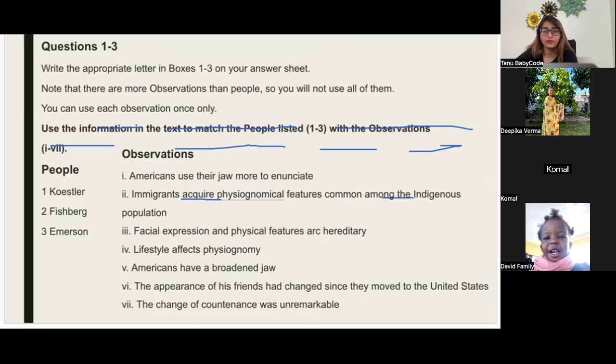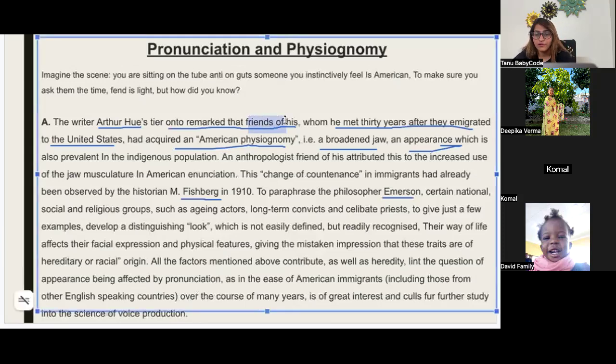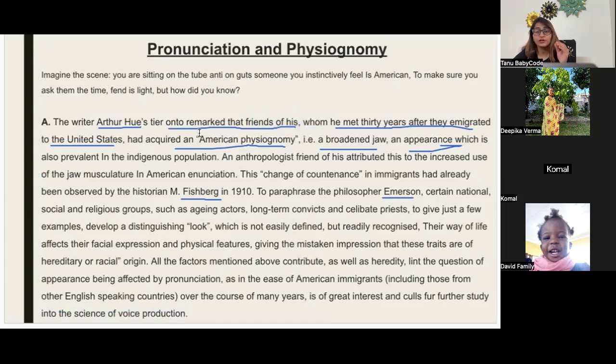Yes, I want your answers. No, not Deepika, not the fifth one. He talked about whom? He talked about a friend of his whom he met 30 years after. So he remarked, right? He focused on what? He focused on that a friend of his whom he met 30 years after they emigrated to the US had acquired an American physiognomy.